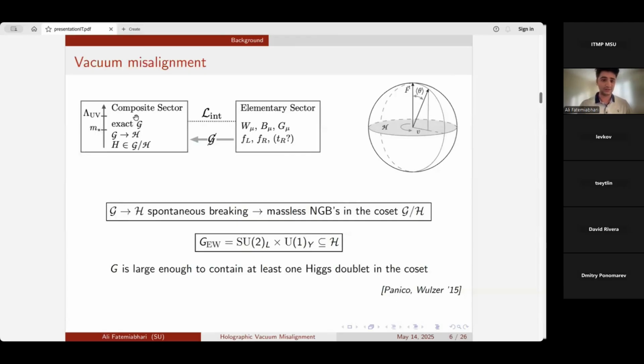At higher energies, it respects a symmetry group G. At lower energies, possibly at the TeV scale, it breaks spontaneously to some subgroup H. And there is a coset G over H. The Nambu-Goldstone bosons of the symmetry breaking live there, and they will be identified as the Higgs. And this subgroup H should be large enough to accommodate the SU(2) times U(1) of the standard model.